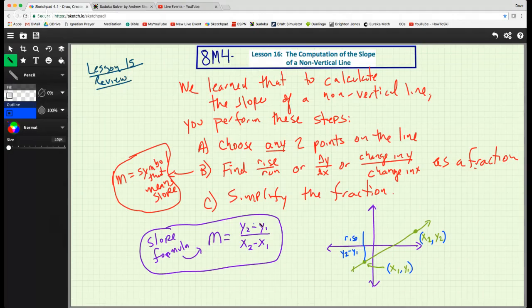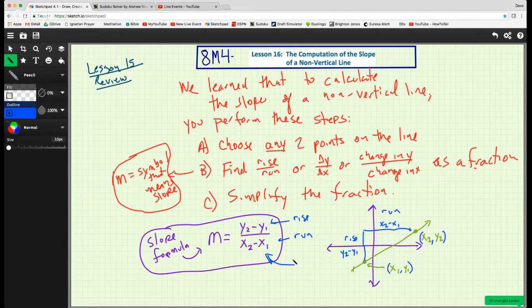That's nothing more than the rise. And then from here to here, that's your run, found by the change in your x coordinates, x2 minus x1. So that's where we get this formula of m equals y2 minus y1 over x2 minus x1. Okay, so let's put this in our memory bank.